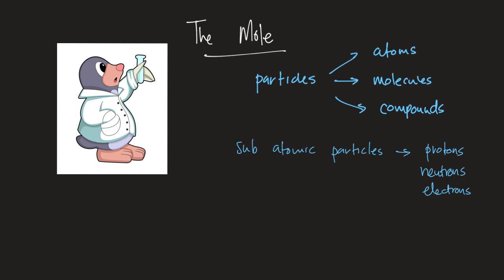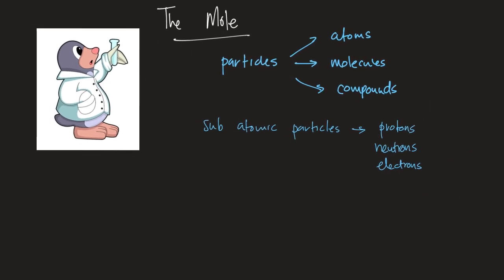So when we're talking about particles, we are talking about an atomic level, a molecular level, something that is unseeable. If I have a sample of something, and I mentioned this before, that sample is usually in grams, and we use the letter G. If I'm talking about grams, it means that in these grams there are either atoms, molecules, or compounds.